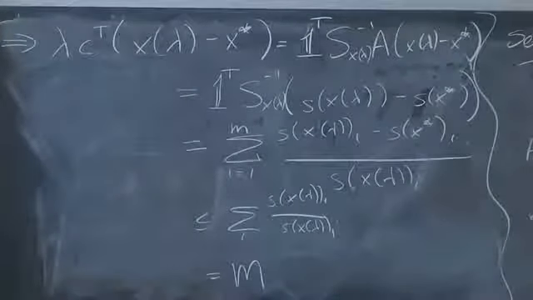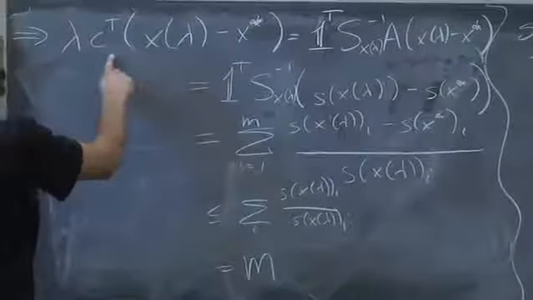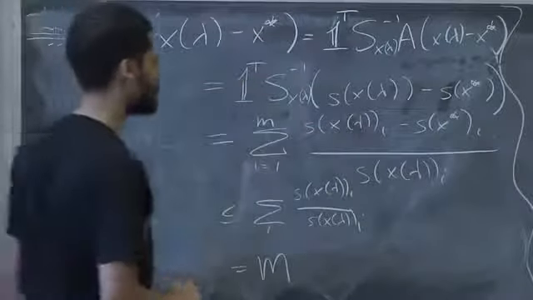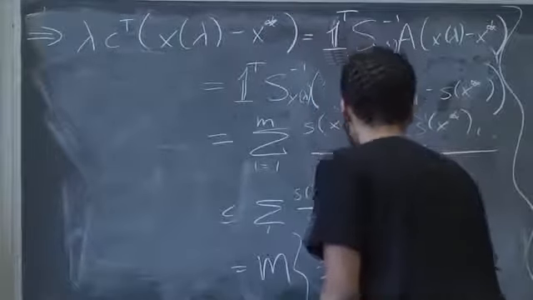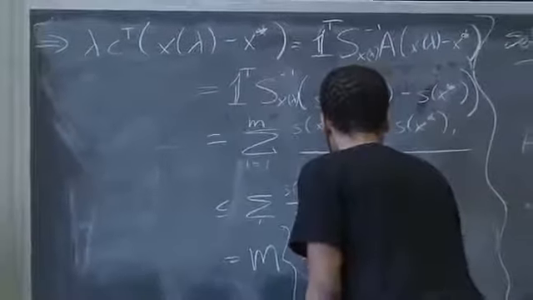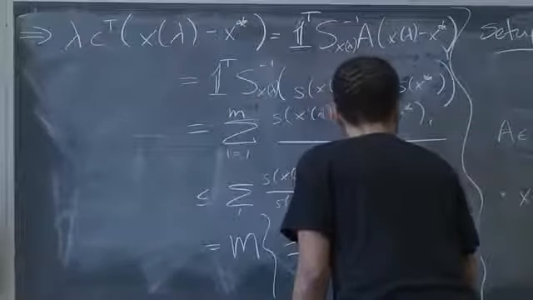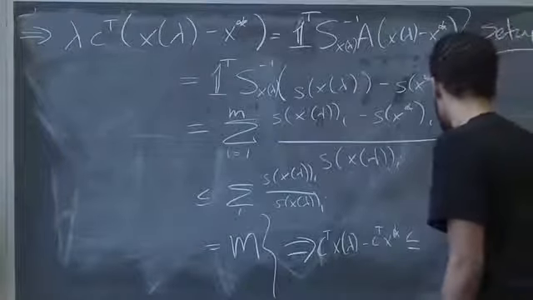So overall, this is exactly what we wanted. We wanted to understand c transpose of x lambda minus c transpose of x star. So this implies that c transpose of x lambda minus c transpose of x star is at most m over lambda.